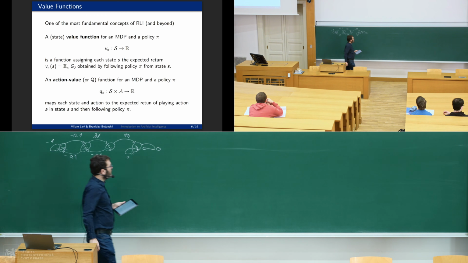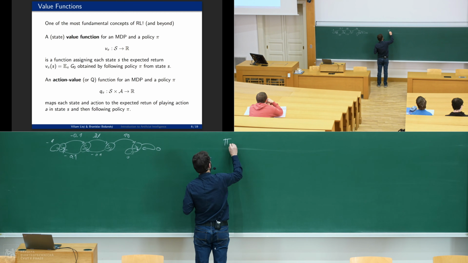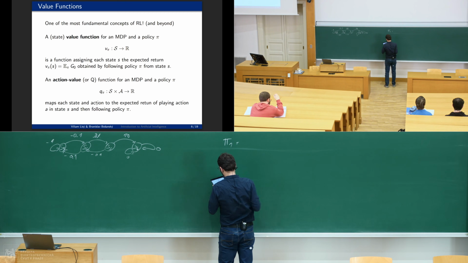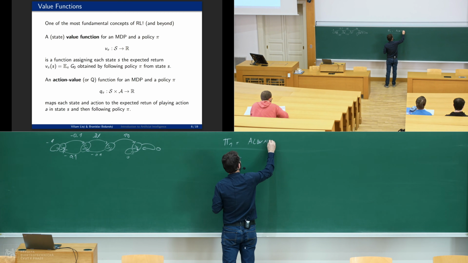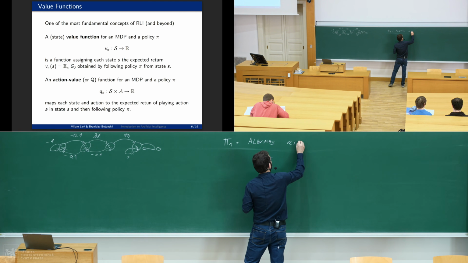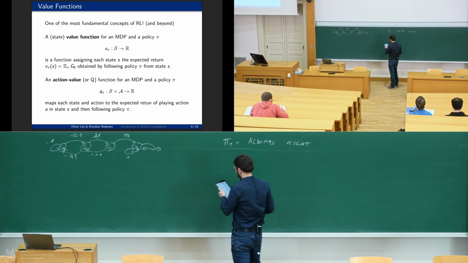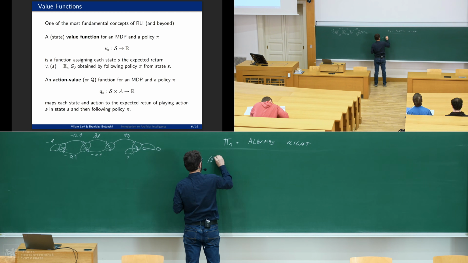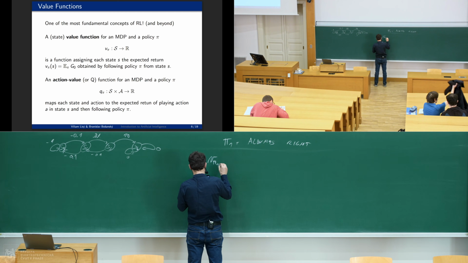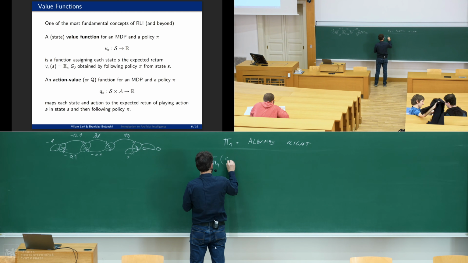So now we need a policy. So let's say we have a policy pi1, which says always right. Then what would be the value of pi1 in state S1?